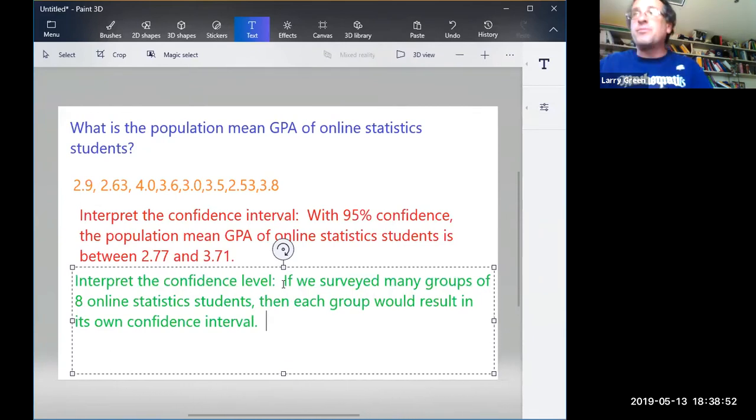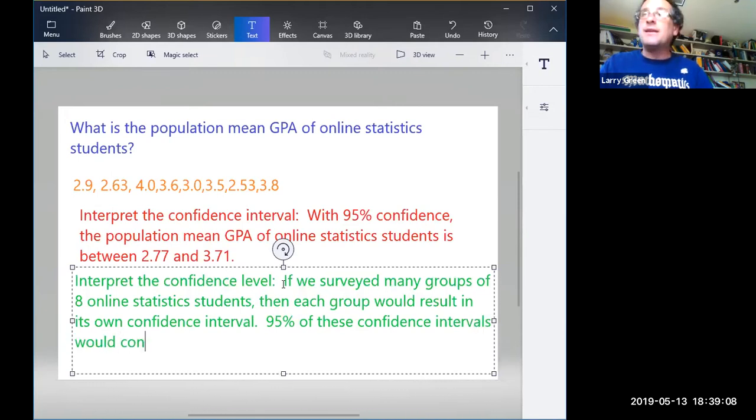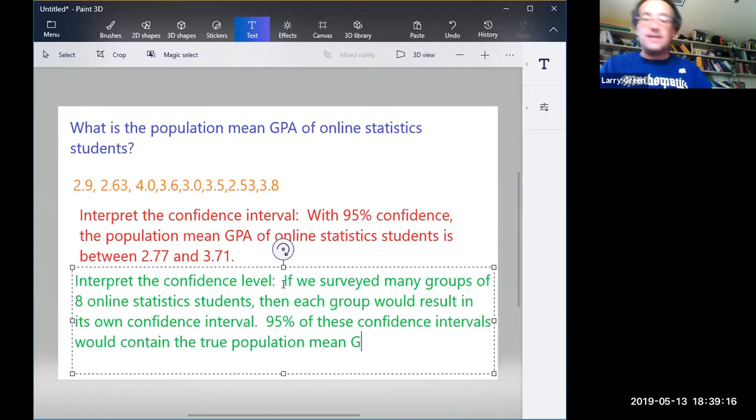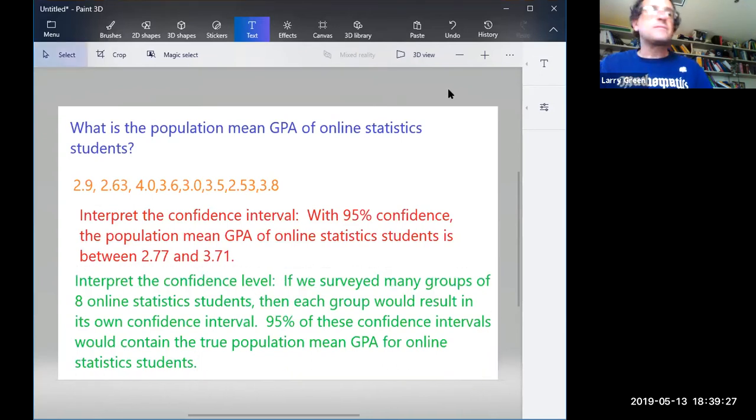I wouldn't get this 2.77 to 3.71. But what we could say is 95% of these confidence intervals would contain the true population mean GPA for online statistics students. Any questions on that?